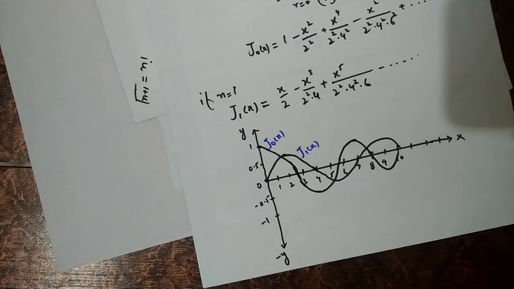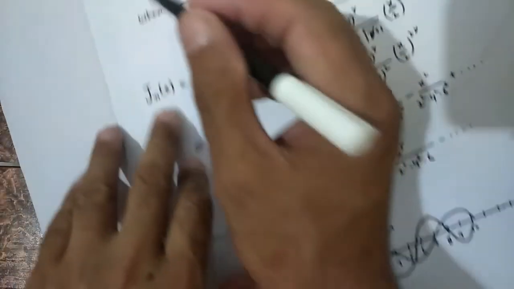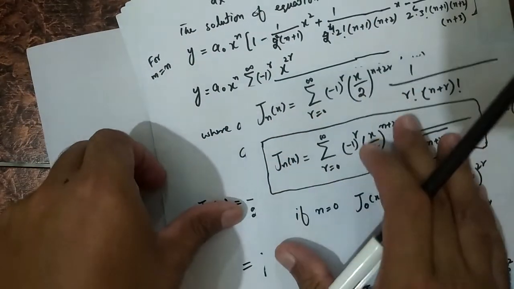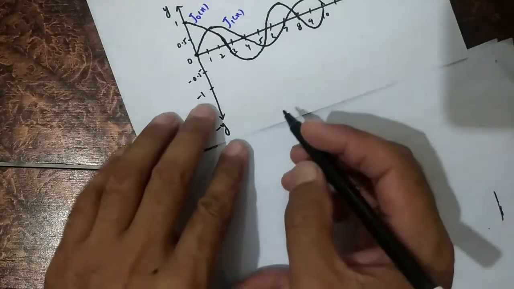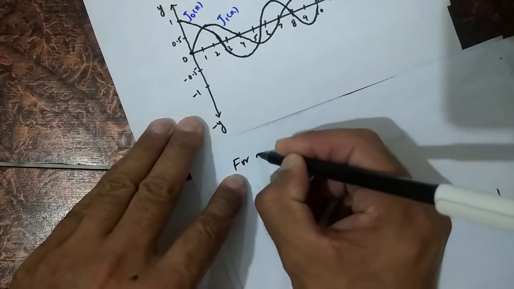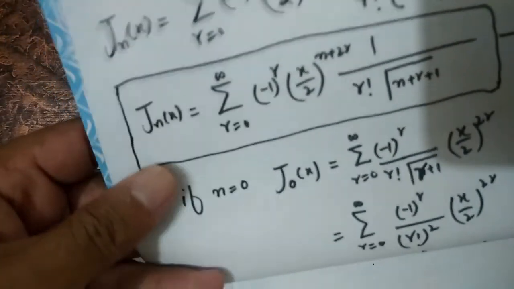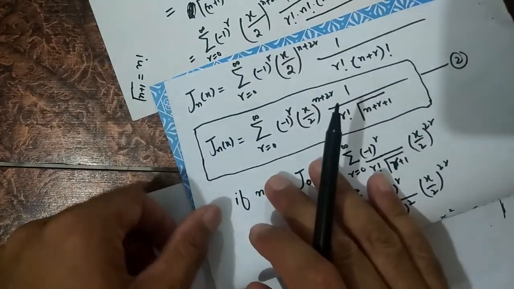This function is obtained for positive value of n, if we put m equal to plus n. Similarly, if we put m equal to minus n, the same result will be obtained, but it will be like this equation with n replaced by minus n.